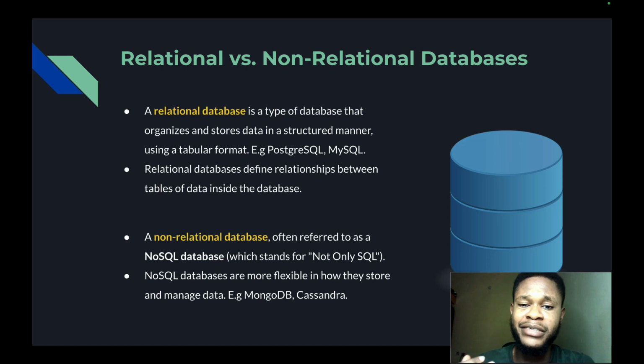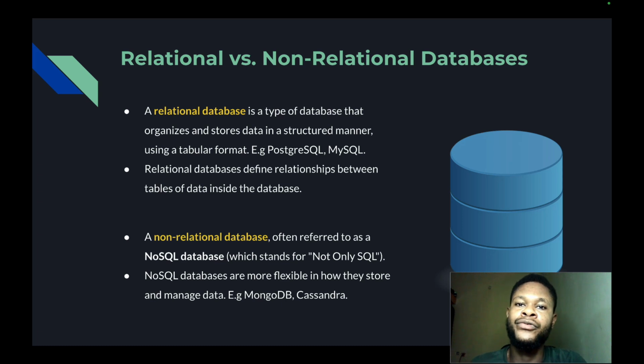A relational database is the database that stores data. So it's organizing your data and it's storing it in a structured format. I want you to think of Excel, where you have rows and columns. That is how a relational database stores its data. Everything is structured, it's rigid, where your data must be stored in a particular way.